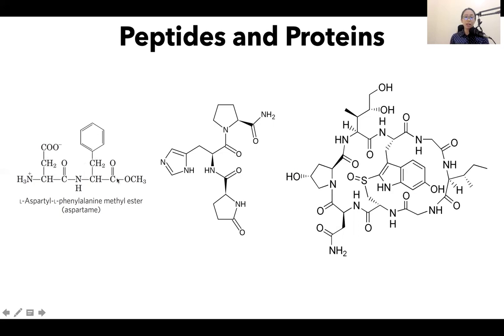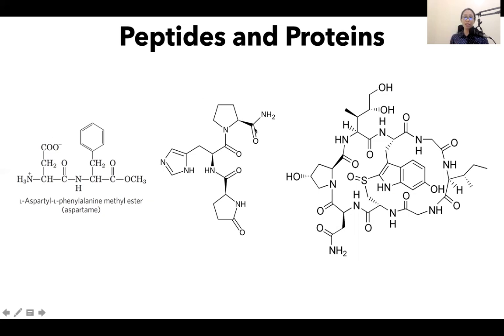And then in the C terminal, you have the phenylalanine with its carboxyl group modified. So it's an ester instead of a carboxyl group. This dipeptide is more commonly known as aspartame. Do you know what aspartame is? It's your artificial sweetener, right? See, it's just a dipeptide, but it has a function.